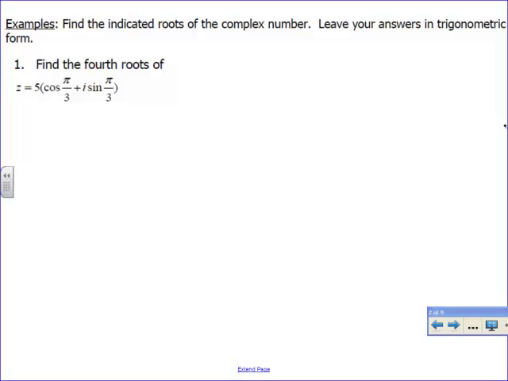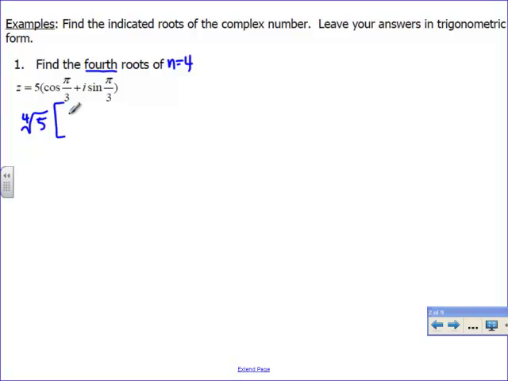Okay, find the indicated roots of the complex number. Leave your answer in trig form. That's very generous, very nice that we don't have to redistribute. Find the 4th roots of z equals 5 cosine of pi over 3 plus i sine of pi over 3. So I'm going to use the formula here. The formula says if it's a 4th root, my n is 4. So I'm going to use the 4th root of 5.